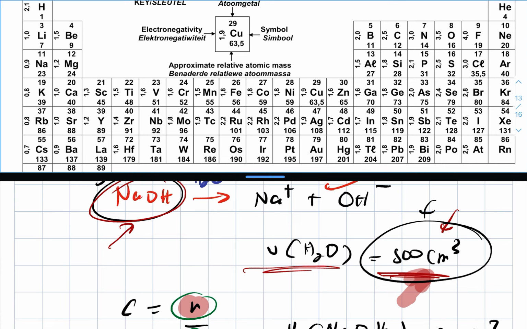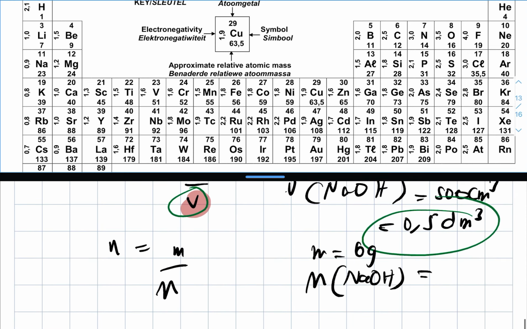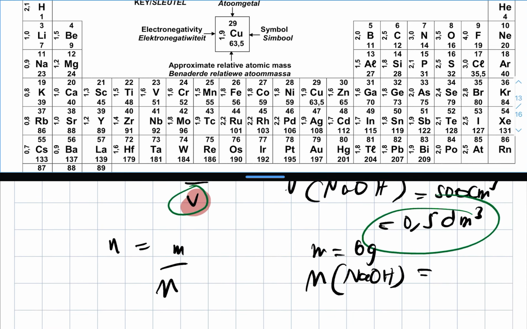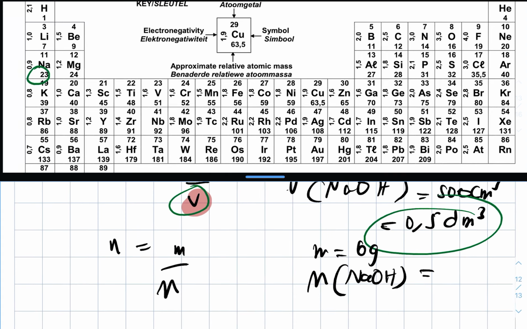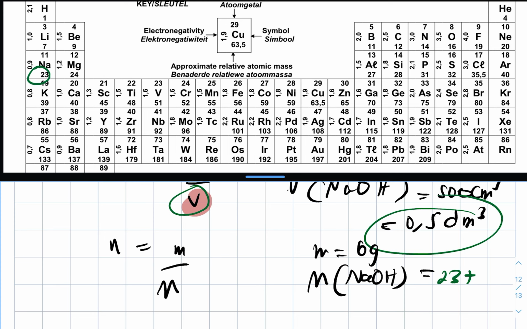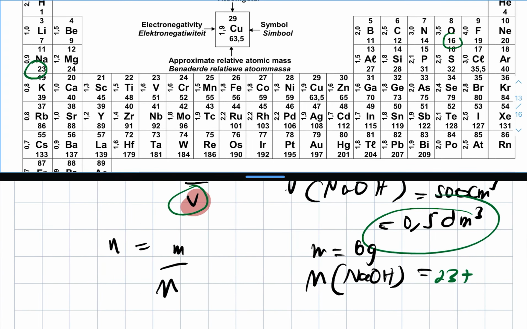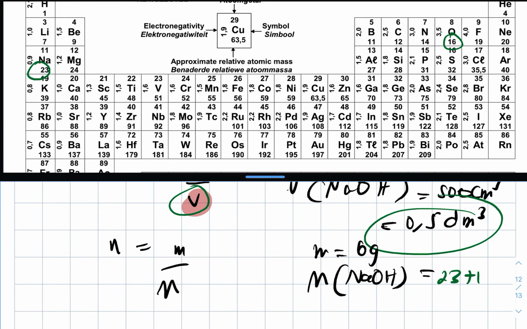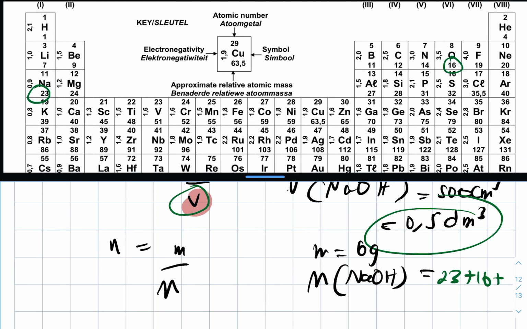What we're looking for here is the relative atomic mass of every element that makes up sodium hydroxide. The sodium is 23, so I'm going to put 23 there. Plus oxygen is 16, so I'm going to put the 16 there. Plus hydrogen is 1, so I'm going to put the 1.